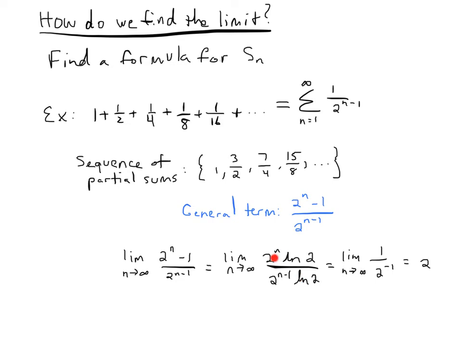So 2 to the n cancels out, and I have 1 over 2 to the negative 1, and the 2 to the negative 1 goes up to the top, and it's just 2. So this limit is equal to 2, which means that the sum is equal to 2.